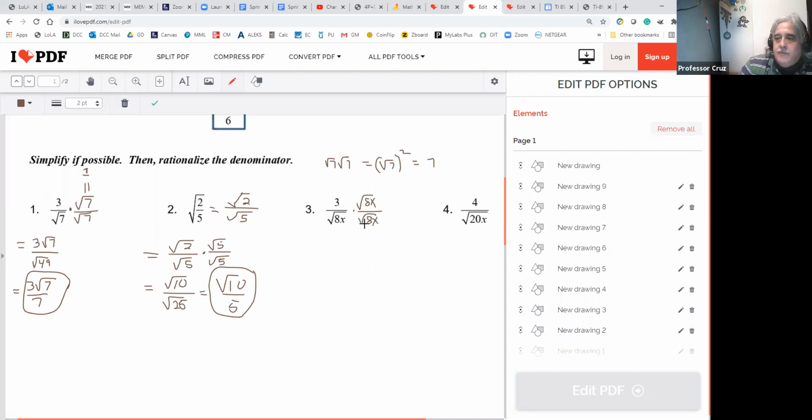But you could also go ahead and instead write this as 2 square roots of 2, because the square root of 8 is equal to 2 square roots of 2, and then the 2 comes out, and then your x stays in there. You could handle it either way, and then multiply by square root of 2x.